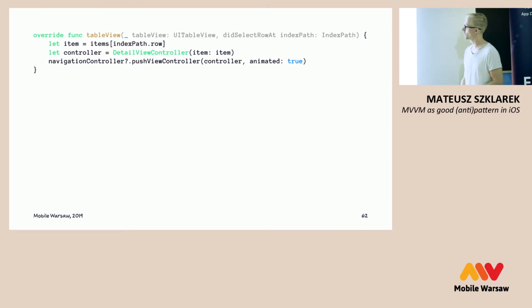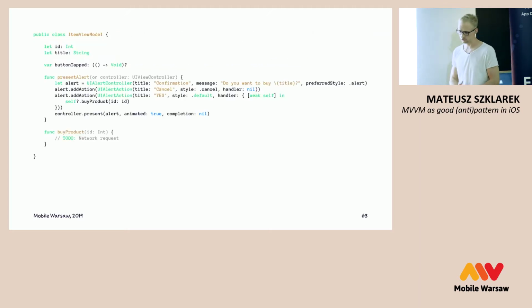Here we can see the code which allows us to present the detail screen, and here we can see that we take some item from the items array and we pass it to our details view controller. A good reason to do this could be that we don't want to repeat our network calls and some logic which viewModel does for us.